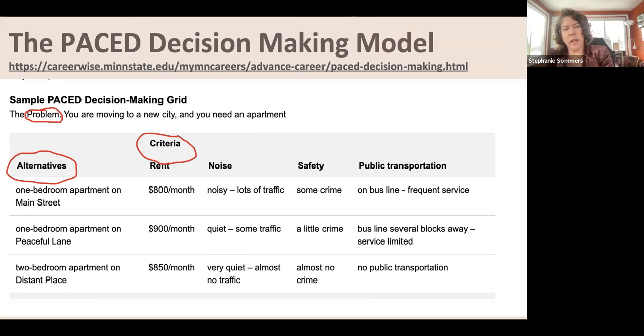There are 4 criteria here. This is how we're going to decide which of these alternatives is actually best for me. I need to think about the rent, the noise, safety, and public transportation. I do not want to get too deep into this because it might derail us.